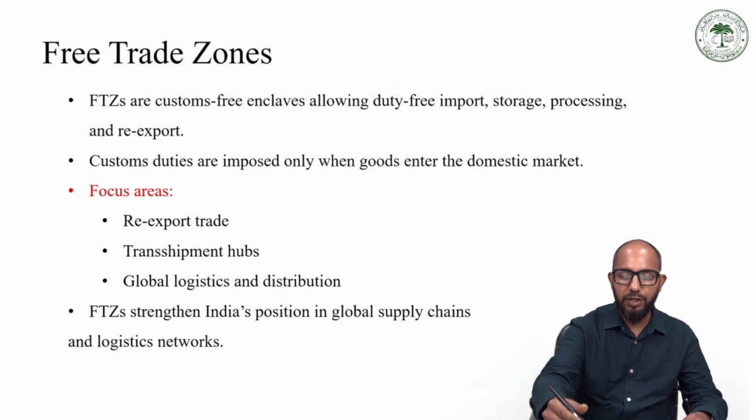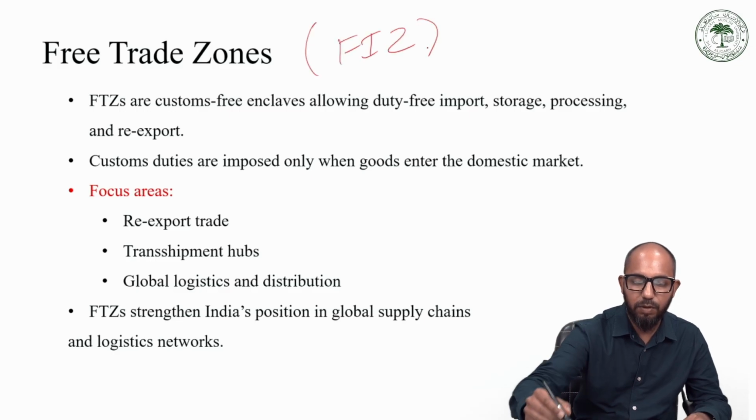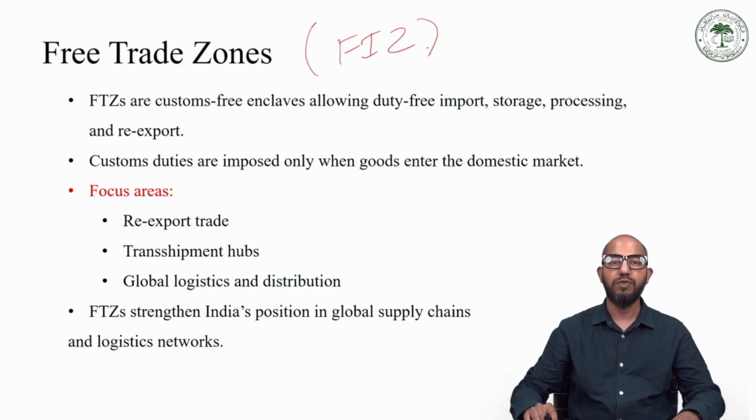Let us now discuss the free trade zones. Free trade zones are customs-free enclaves allowing duty-free import, storage, processing, and re-export. Custom duties are imposed under free trade zones only when goods enter the domestic market.